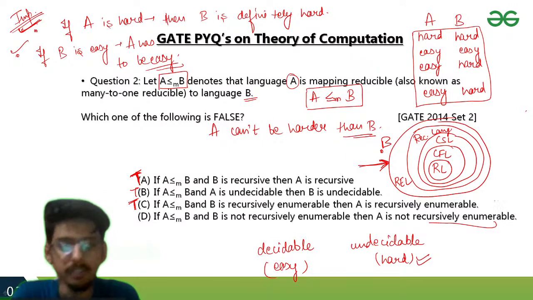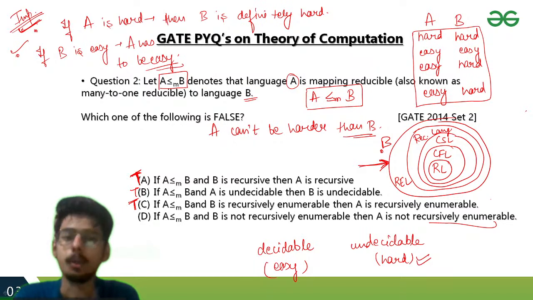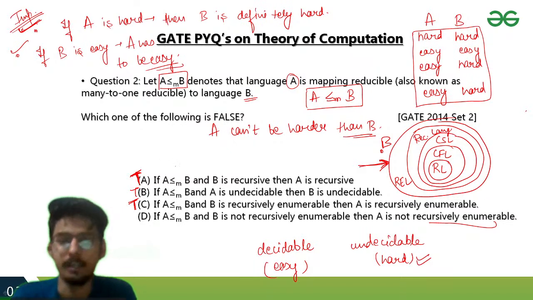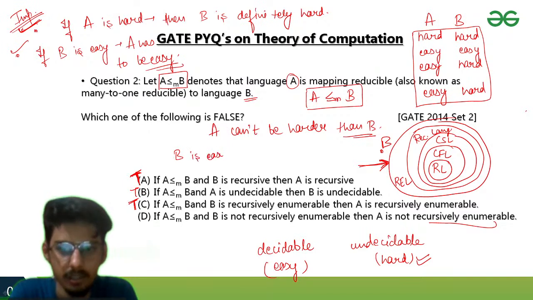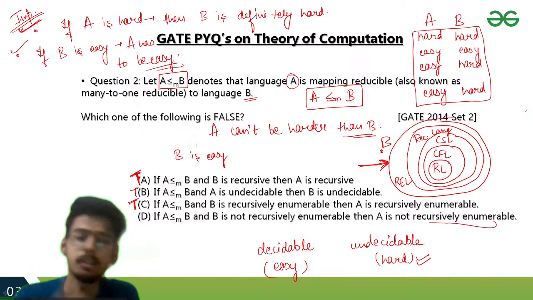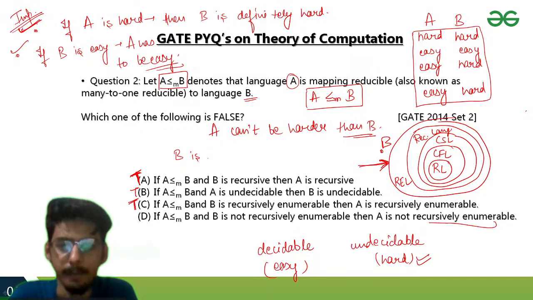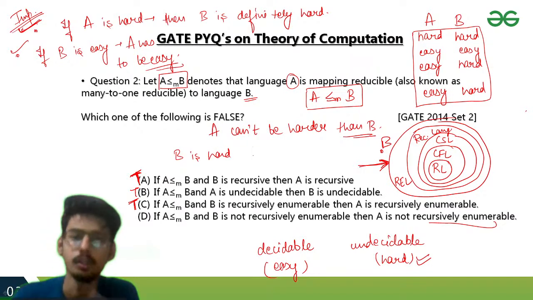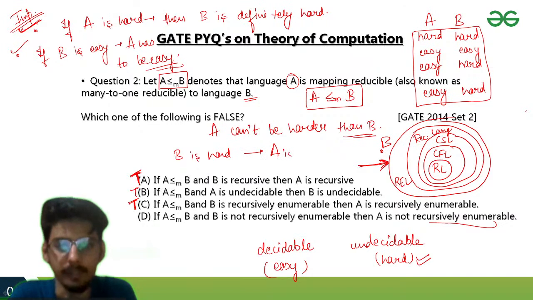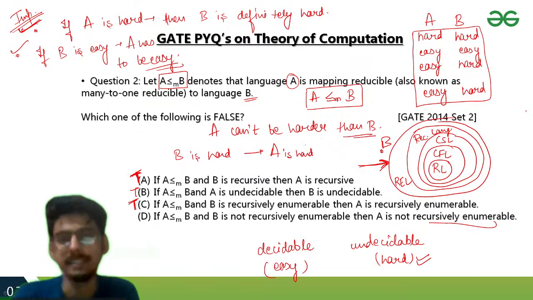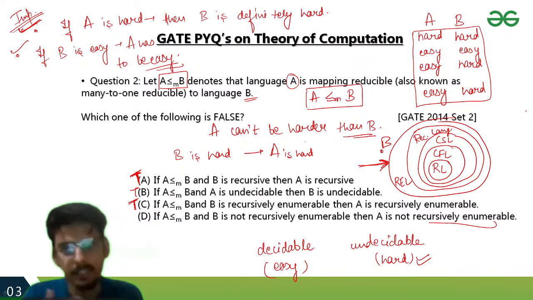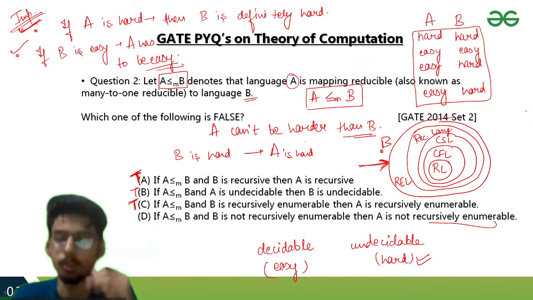Why? If B is hard, that does not mean that A will also be hard. This is wrong, because A can be less hard than or equal to B.